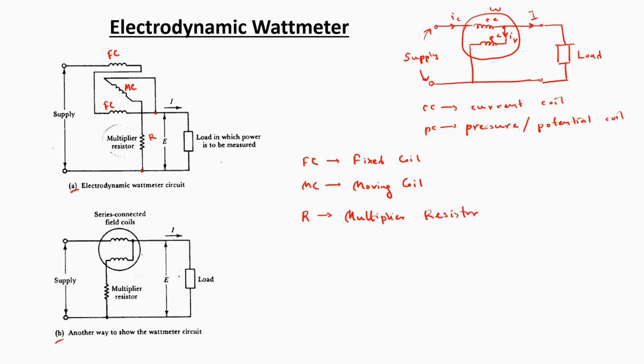That is another purpose of using the multiplier resistor, because the coil winding is going to have an inductive nature.